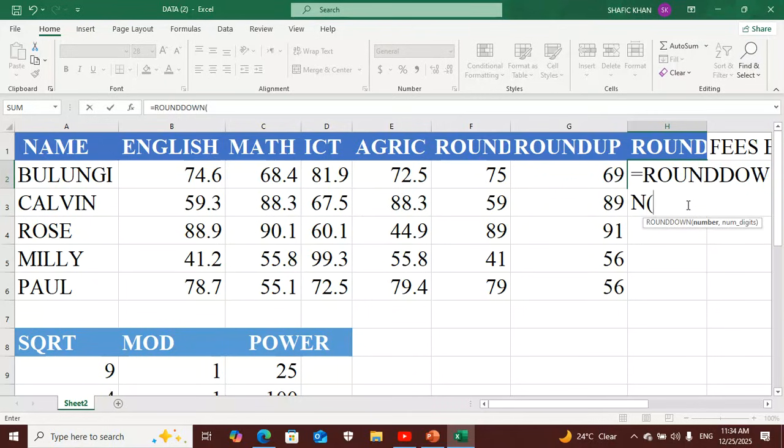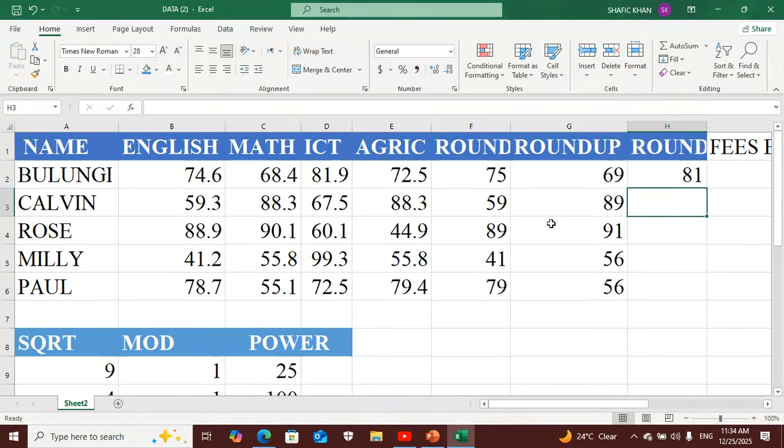This time round let's use ICT, which is D2, comma, 0. Now when you look at ICT, it is 81.9. We are rounding it down, meaning that all digits after the decimal point won't be favored. Here the learner is not favored, and the computer has just removed all the decimal points plus the digits after the decimal points. That is the round down.